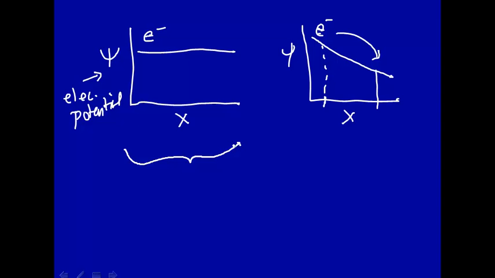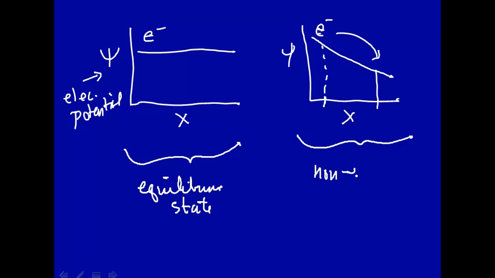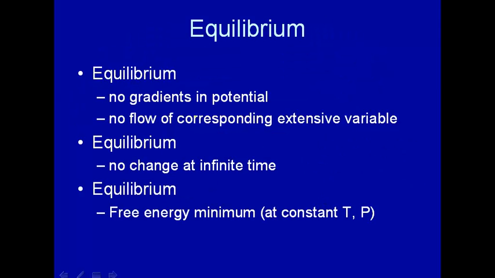This will be an equilibrium state. But when you have a gradient in potential, you have a non-equilibrium state. All right. So that's one way of looking at equilibrium.